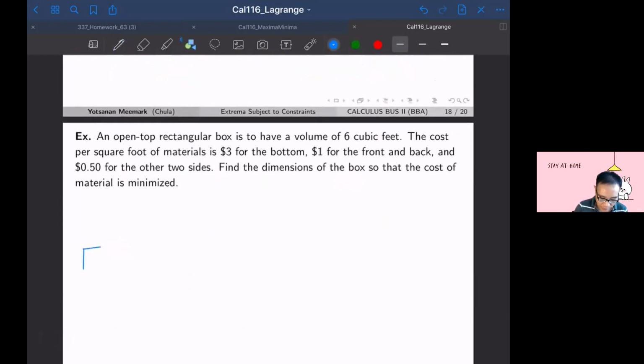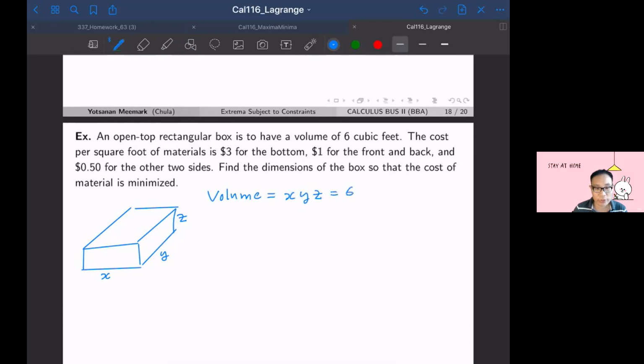It's going to be a box like this, with dimensions x, y, z. The volume is xyz, equal to 6 cubic feet.